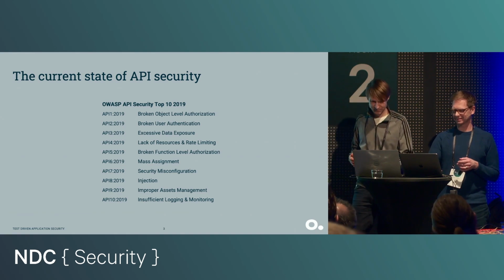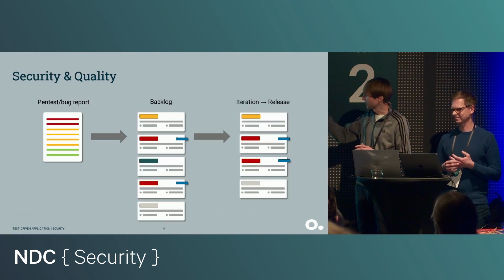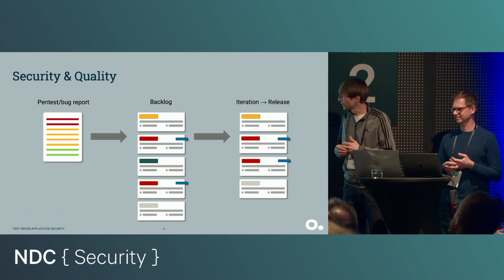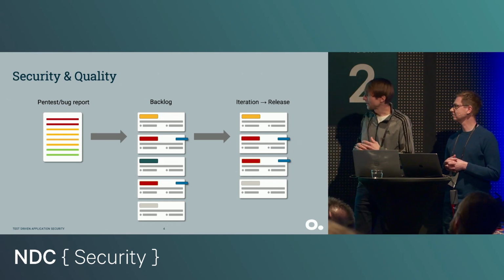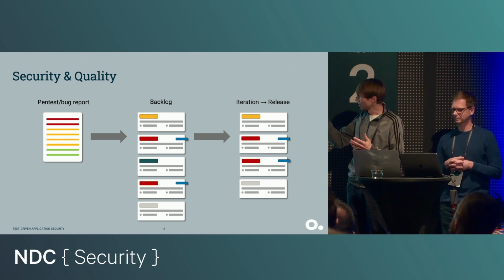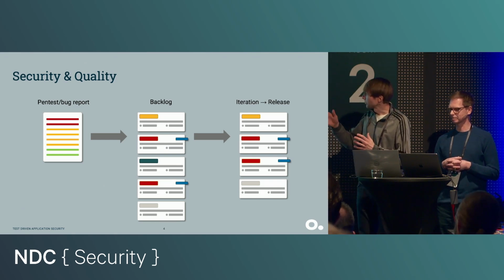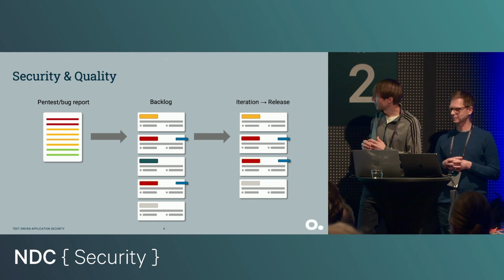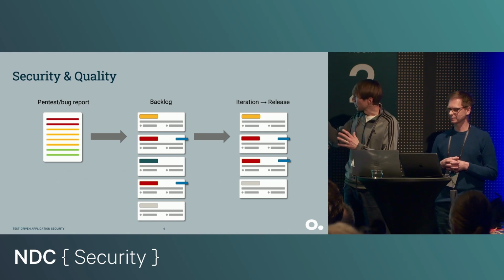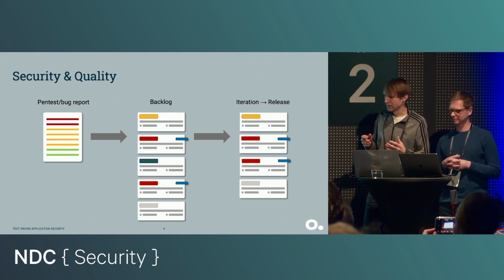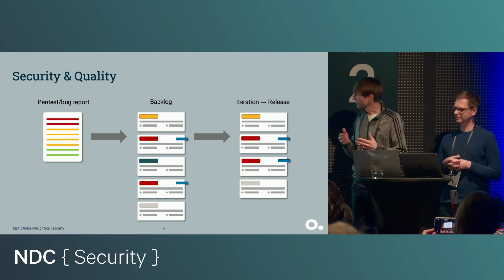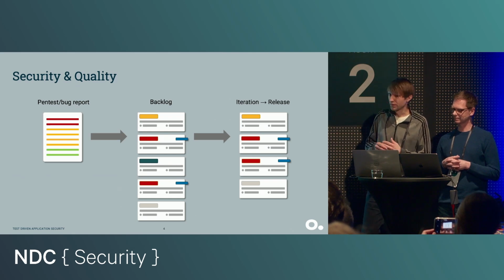Yeah, it sure would. So here we have a pen test report where we have findings represented by the red, yellow, and green lines over there. And we address them or refine them to bugs in the backlog. But even if we represent them as bugs, there is an important difference between functional bugs and security bugs.